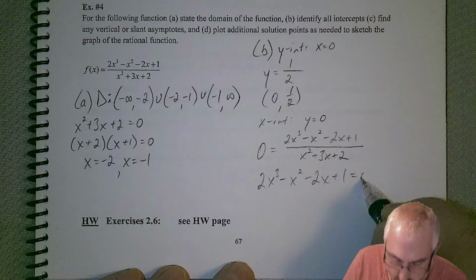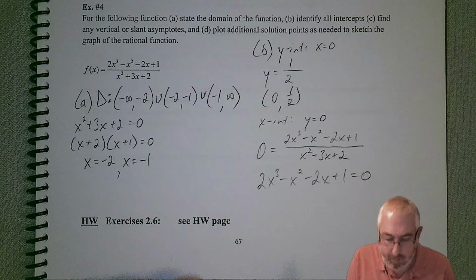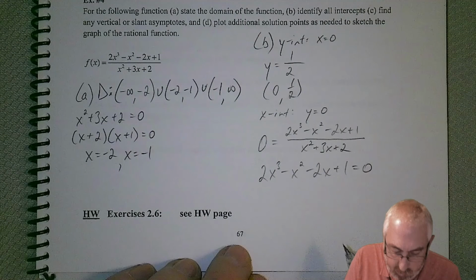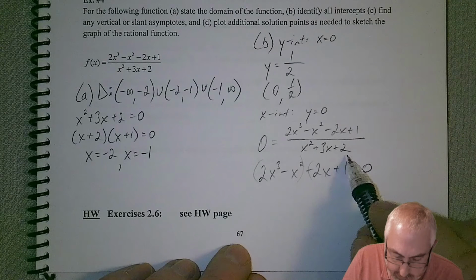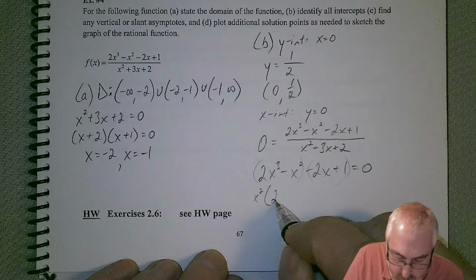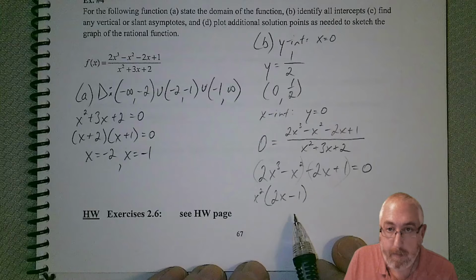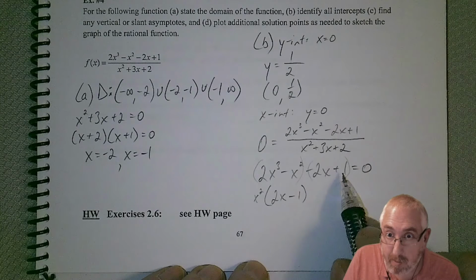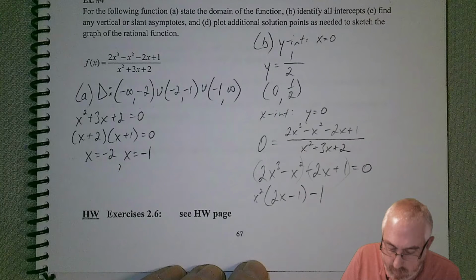So if we group together the first 2 and the second 2, we can pull out an x squared, and we should be left with 2x minus 1. We factor out a negative because the signs are backwards. Let's factor a negative 1 out. That's going to leave us with 2x minus 1.